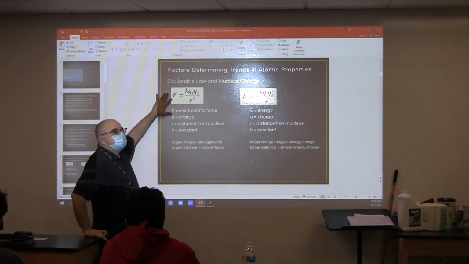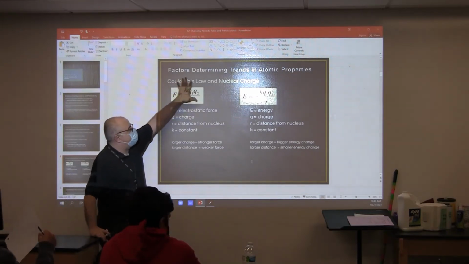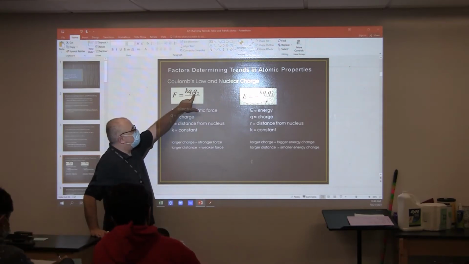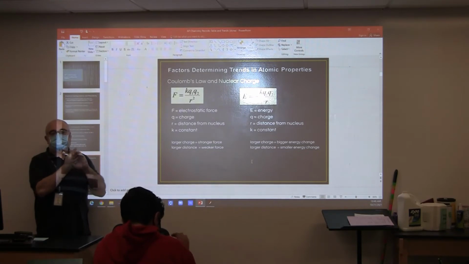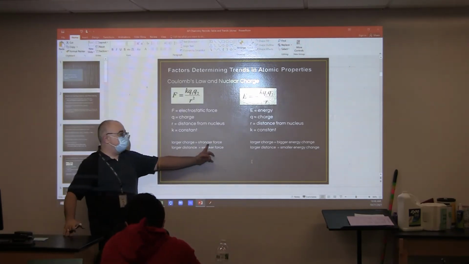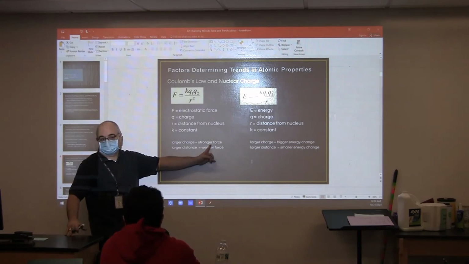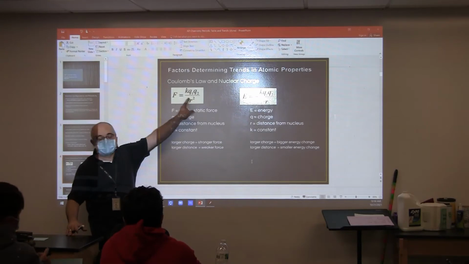What you should learn from this is what I've summarized here. What this shows us as a fraction is that if the charges are larger in magnitude, meaning +1 versus +2 versus +3 or -2, the larger the value of the charge, the stronger the force is. That's what this is mathematically telling us.